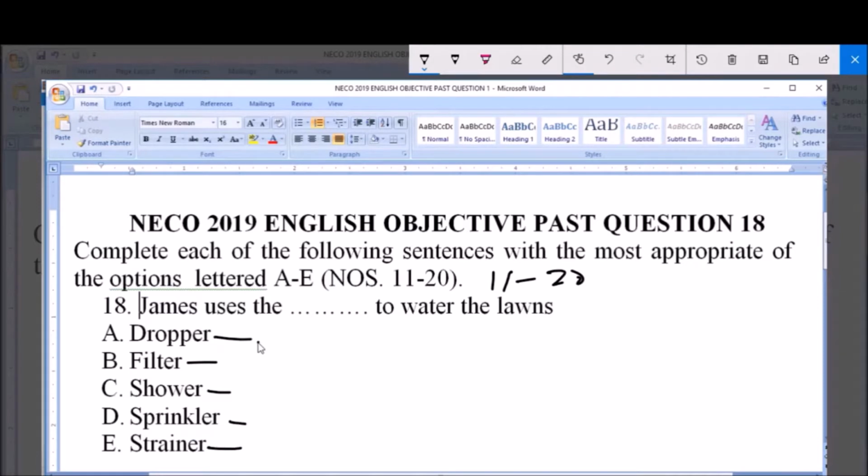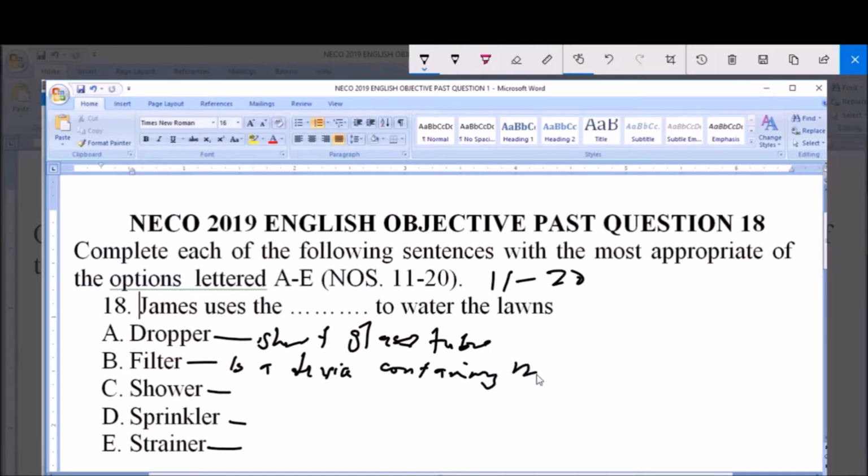So when we talk of dropper, it is a short glass tube. And then when we talk of filter, it is a device containing measuring medicine.